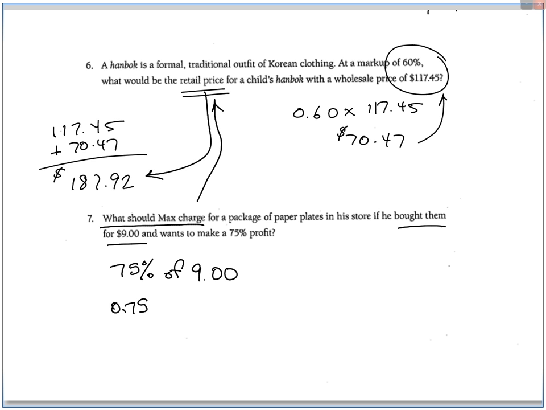So 0.75 times 9. That's 6.75. So what do you sell it for? The original price plus the markup. So you'd sell it for $15.75 to make 75% profit.